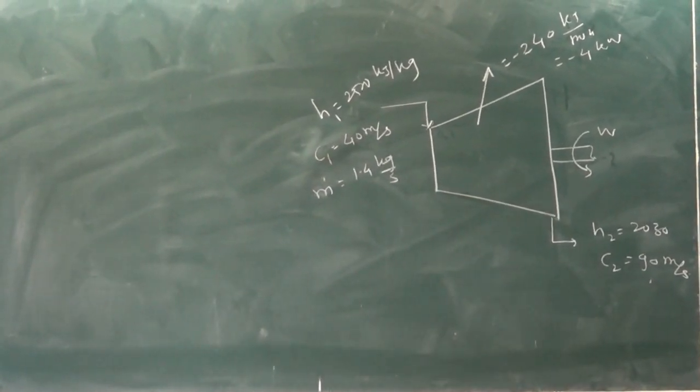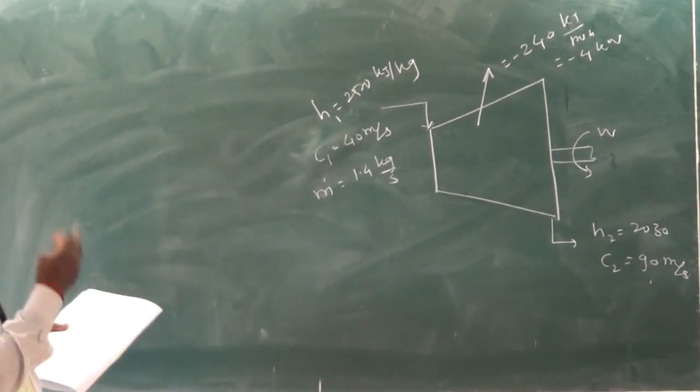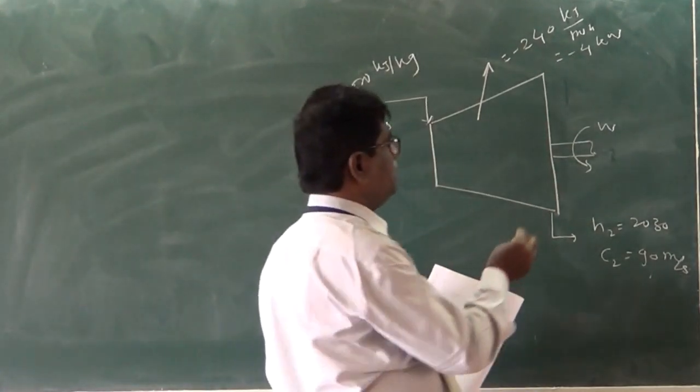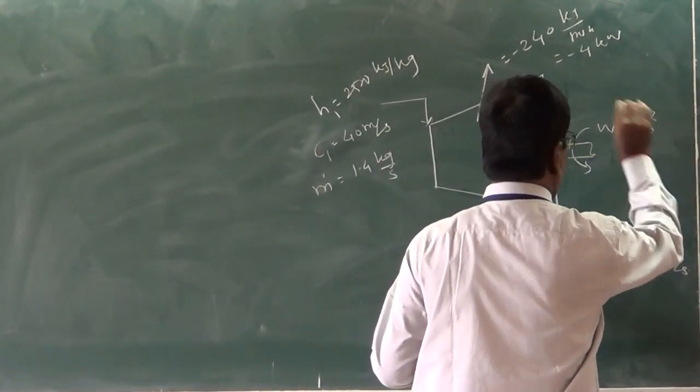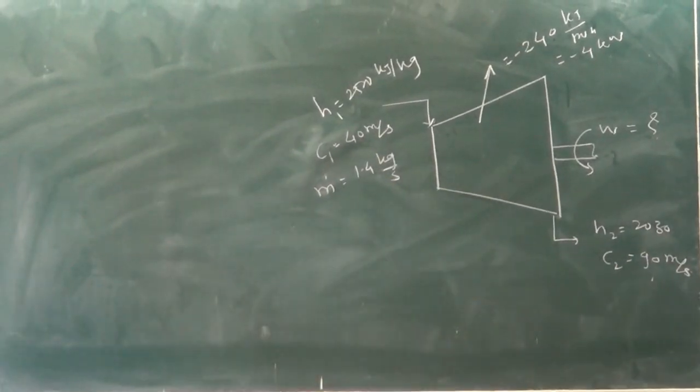The diagram shows the turbine. What are the inlet conditions? What are the outlet conditions? What is the amount of heat lost from the turbine to the surroundings? And it is asked to calculate the work done by the turbine. Okay?